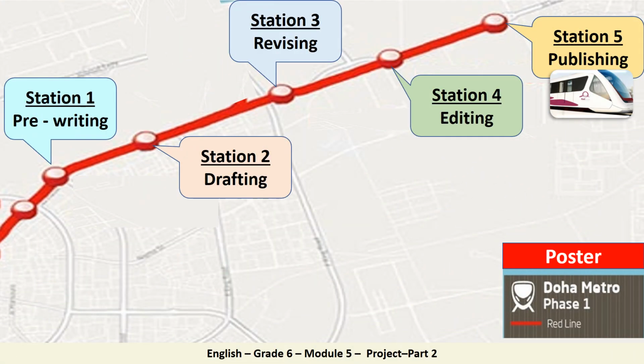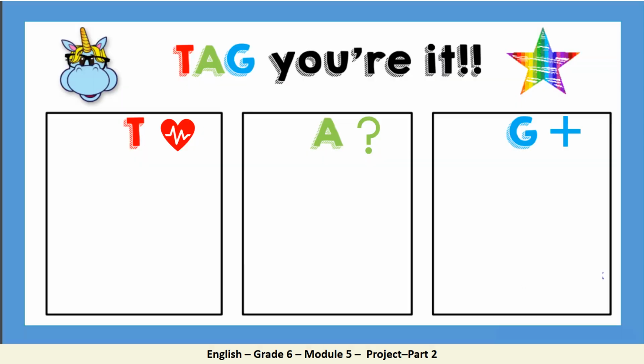Having arrived at your final destination, it's time to get some feedback about your poster. To do this, I'm going to use the TAG strategy. But let's first see what do the letters in this word stand for.